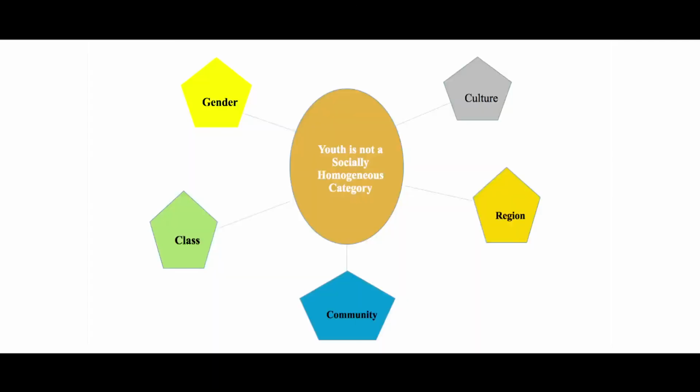When we talk about youth, they fall between a certain age group, but youth as a category is not socially homogeneous. The social category of youth comprises individuals belonging to different class, caste, gender, community, region, cultures, and so forth.